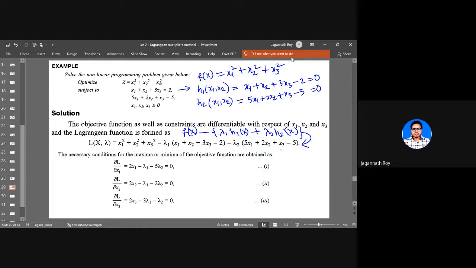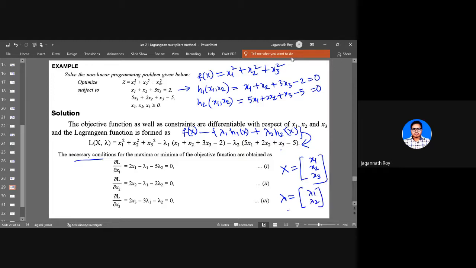Now we try to find the necessary conditions. How many variables are there? Total 5 variables. X is x1, x2 and x3, and lambda has 2 variables, lambda 1 and lambda 2. So there are a total of 5 unknowns.